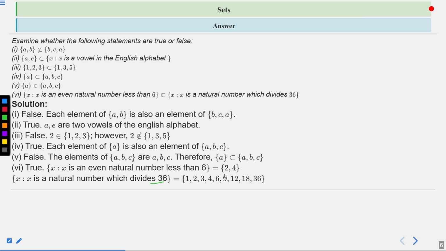So you can easily observe that 2 and 4 both belong to this set. So by definition, it must be a subset. So true statement. I hope it is clear how we got our answers.